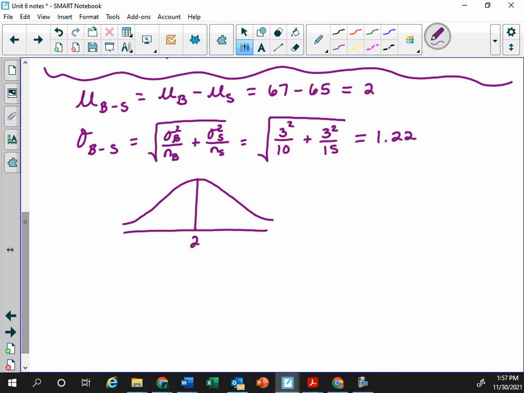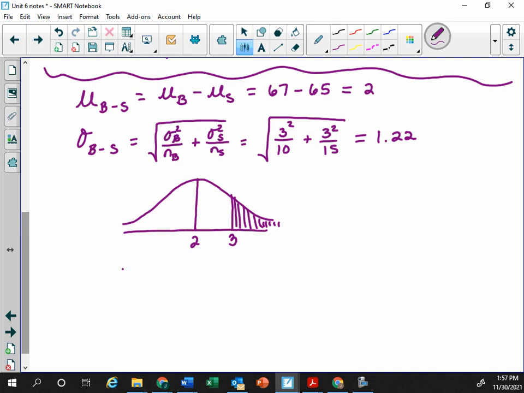Now, what was the question asking us? What is the probability that the basketball players are at least 3 inches taller than the swimmers? Well, 3 inches would be somewhere over here. And I want to know at least 3 inches taller, so I'm talking about that part.